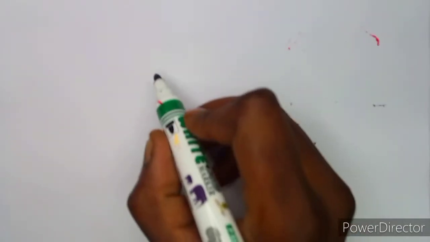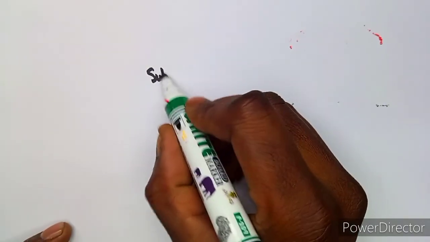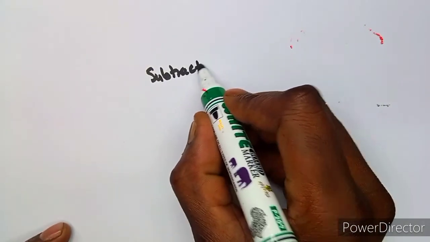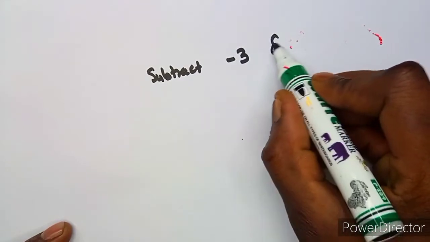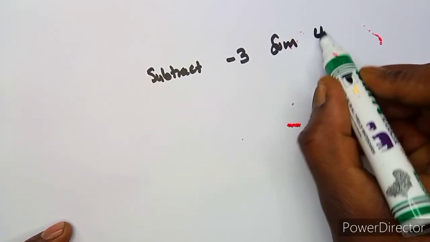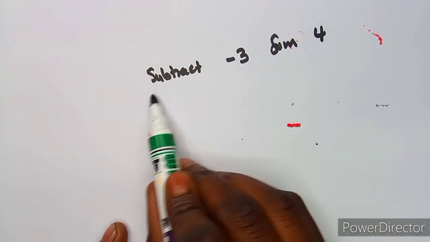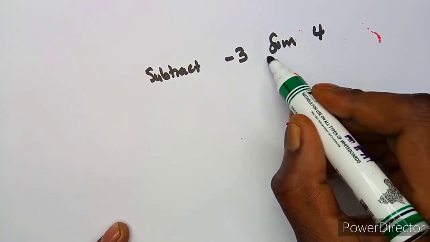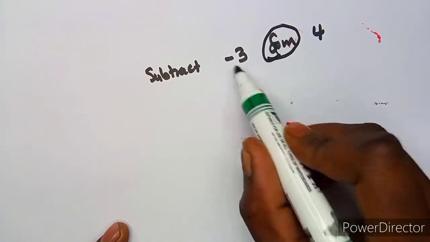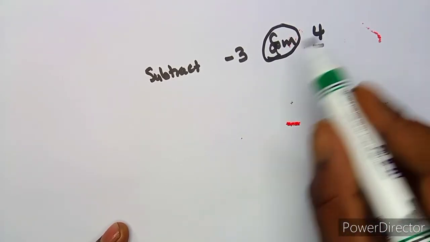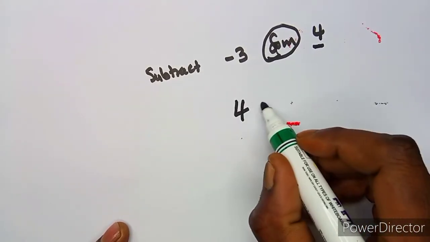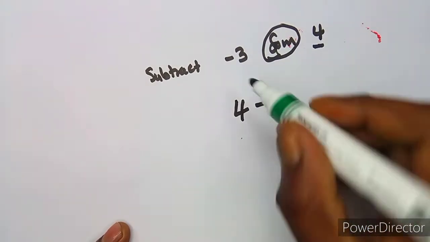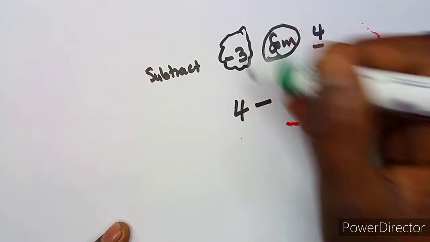So which means if the question says subtract minus 3 from 4, take note, that means we are going to take this from this value. So it's going to be 4 minus, what are we subtracting? We are subtracting minus 3.